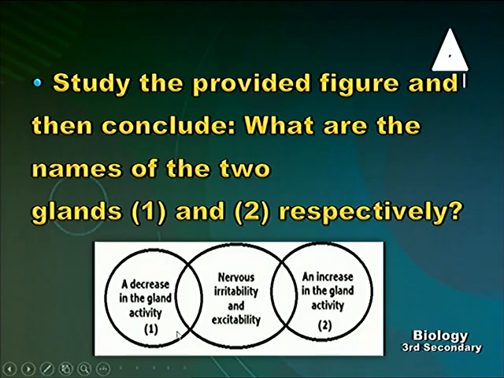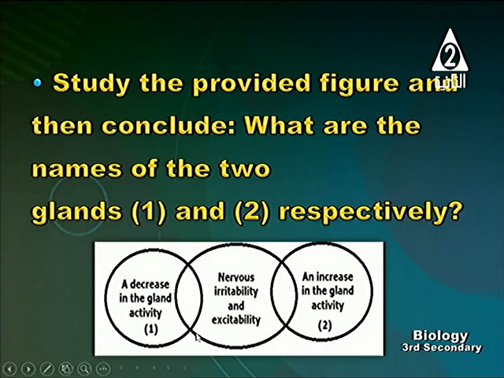Of course, for number 1, a decrease in the gland activity causes nervous irritability and excitability. The hormone responsible for this is parathormone, which regulates the amount of calcium level in the blood with the help of calcitonin.